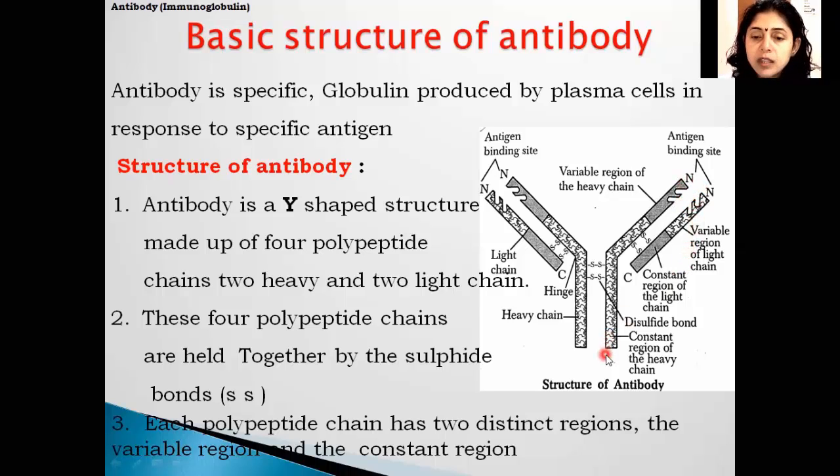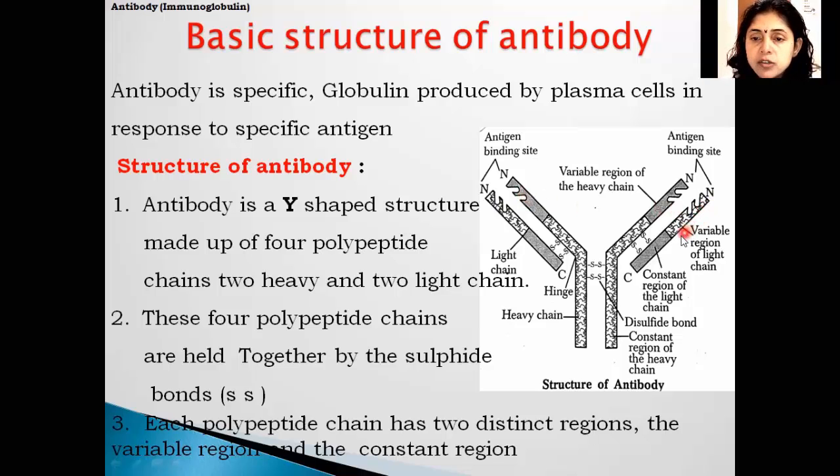And this is the Fc, the constant fragment of the heavy chain. This portion is called Fc, and this is called Fab, where the antigen binds. So the antigen binding sites are the variable regions of the light chain as well as the heavy chain.